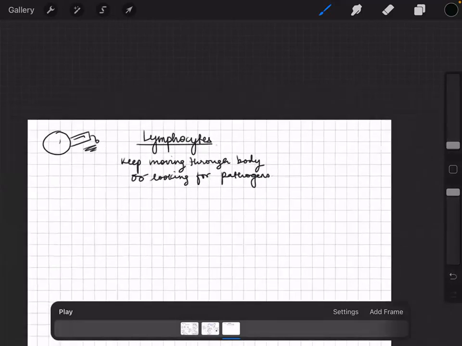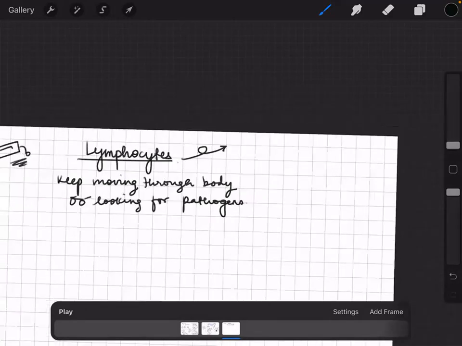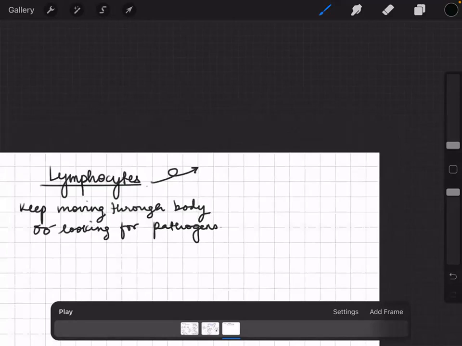The way to identify these lymphocytes under a microscope is to look for cells that look like phagocytes but are smaller than phagocytes. I will show you a slide where you will be able to identify some of these cells.